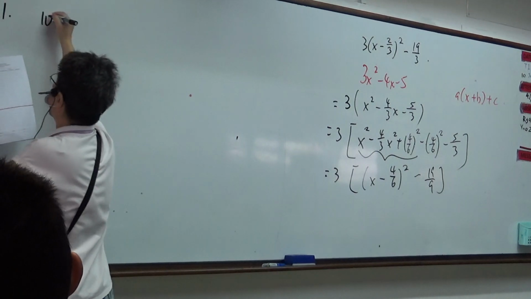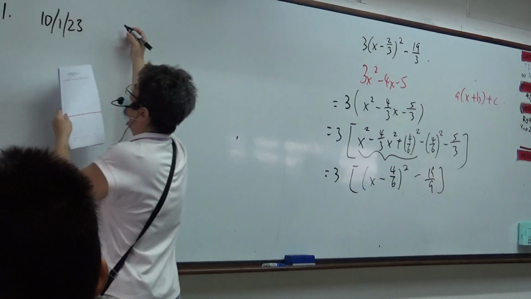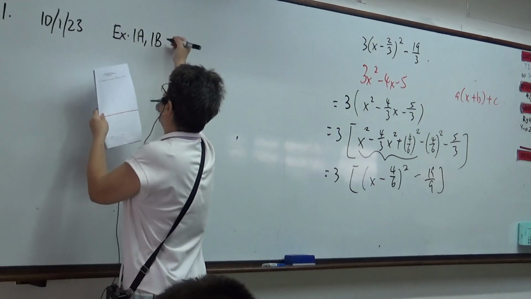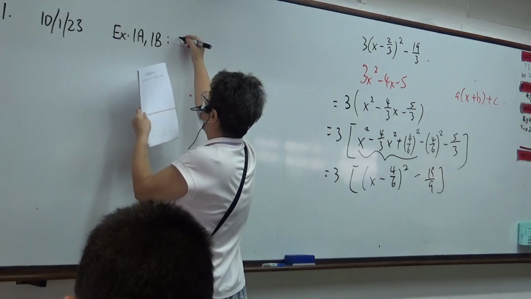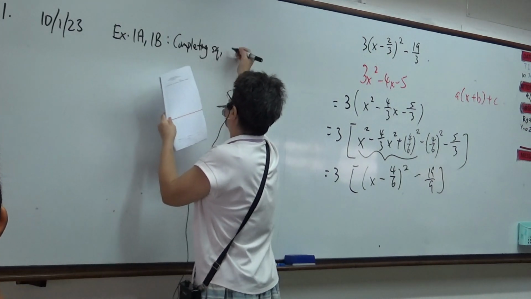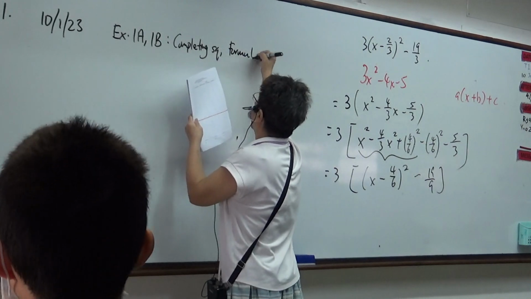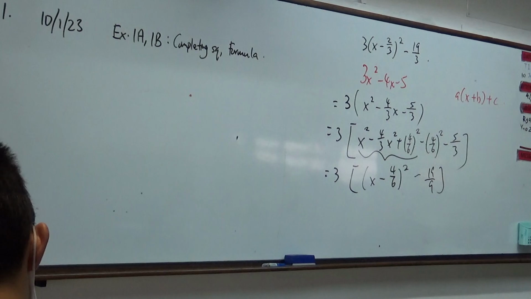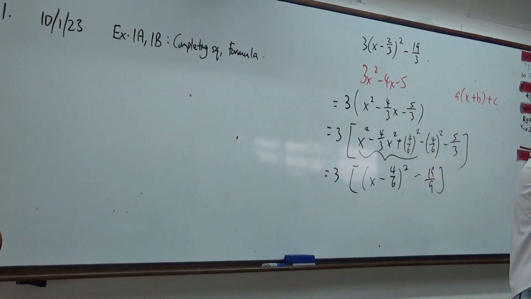Today's date, which is the 10th January. You write down exercise 1A, 1B, completing the square and formula. You can stretch until the source and the score, because the source is always the textbook, no need to worry. I want it in one line. Follow class? Yes or no? It doesn't matter.